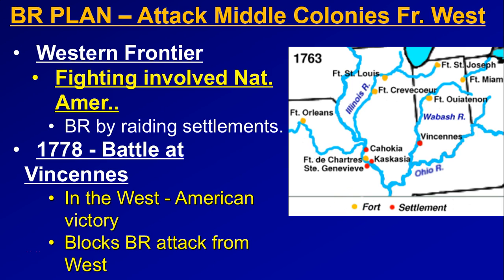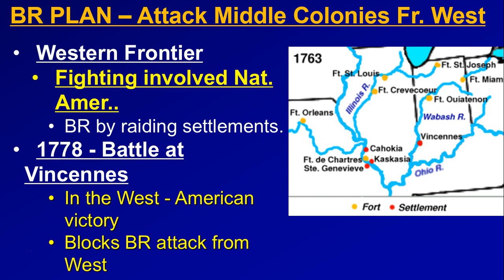In the west, the attack on the middle colonies from the west, that plan is also foiled by the Americans out in the western frontier, out in the Ohio River Valley. Fighting involved Native Americans siding with the British again, like they did with the French and Indian War. They're very concerned that if the colonists win the war, they're going to come for all this land out here, and that's exactly what's going to happen after the war.